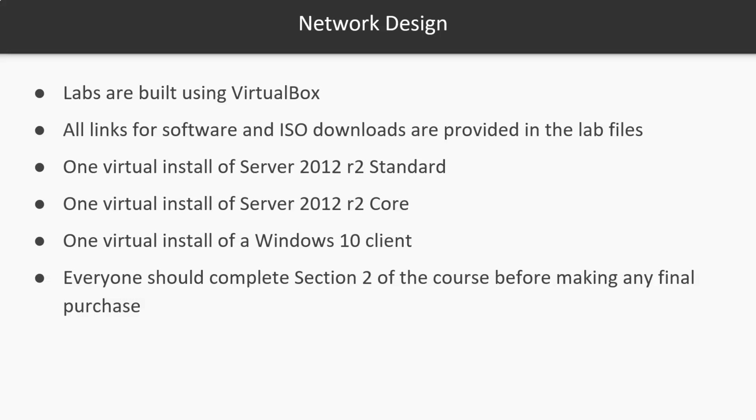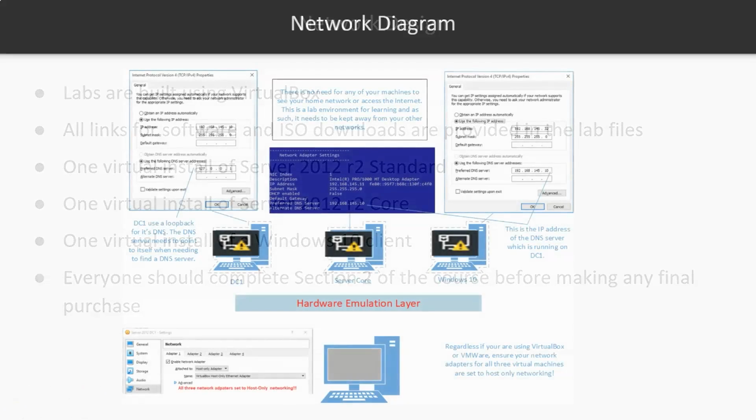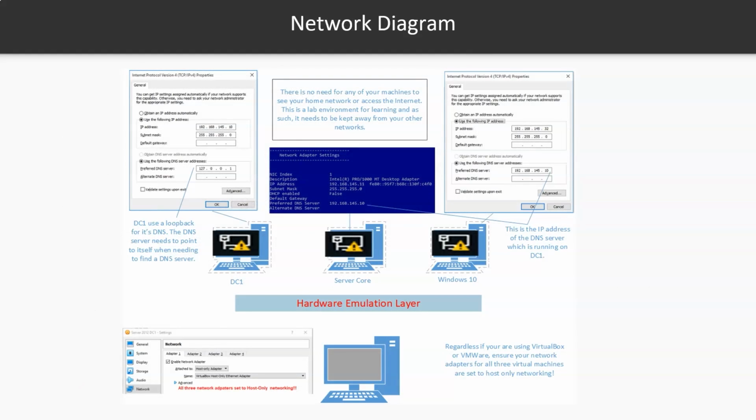If you can't complete, for whatever reason, the building of your virtual lab environment, then please do not purchase the course. This is a lab diagram that outlines and describes in detail how your virtual lab environment should be built. It provides all the IP addressing and all the details that you need to be able to create your virtual lab environment.